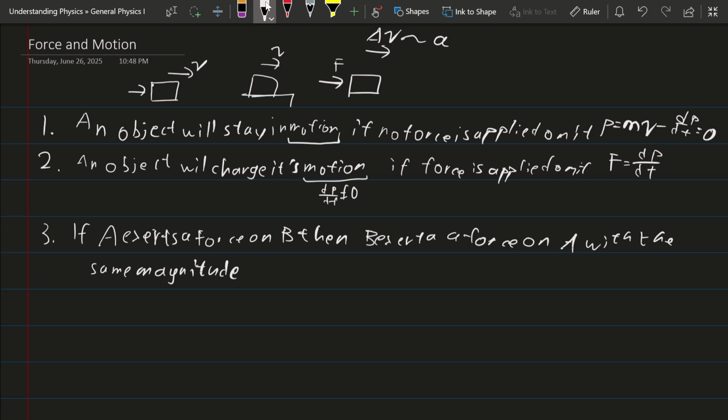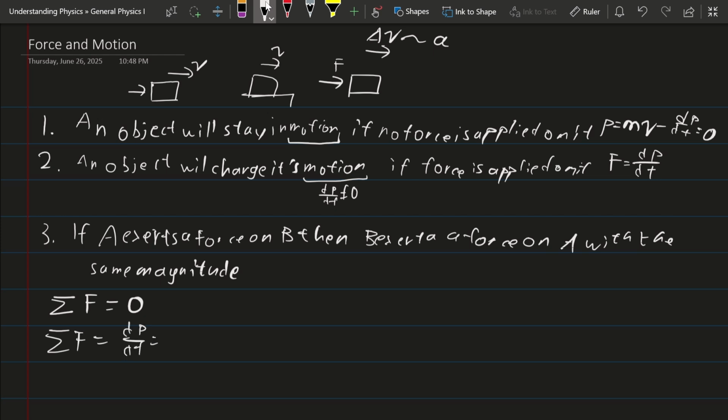This might not seem very familiar, the way that I write things, but we can state that for the first law, the sum of F is 0, i.e., the change in momentum is 0, which is the definition of F. The second one, the sum of F, is dp over dt.